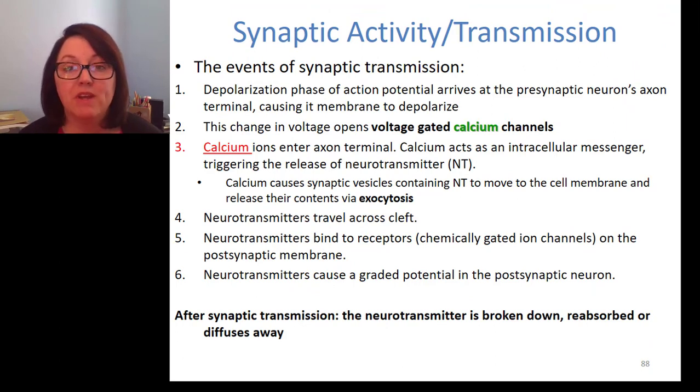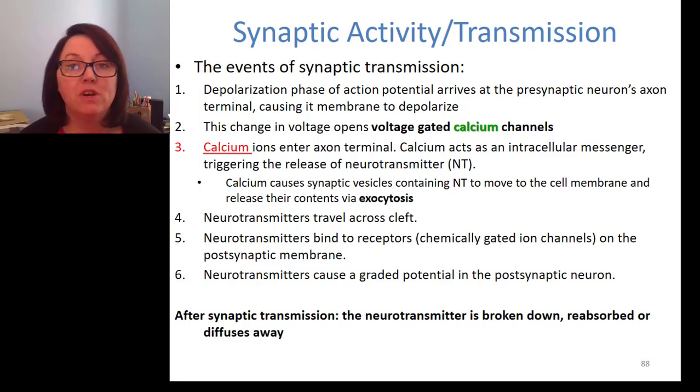The events of synaptic activity are rather simple. And if you recall the use of a neurotransmitter at the neuromuscular junction, you're pretty much going to know almost all of the events that are occurring here during synaptic activity. Okay? So let's start off by looking at how we connect the action potential to the release of neurotransmitter.